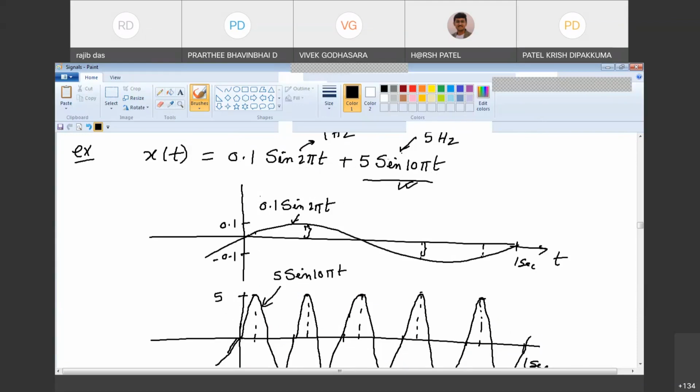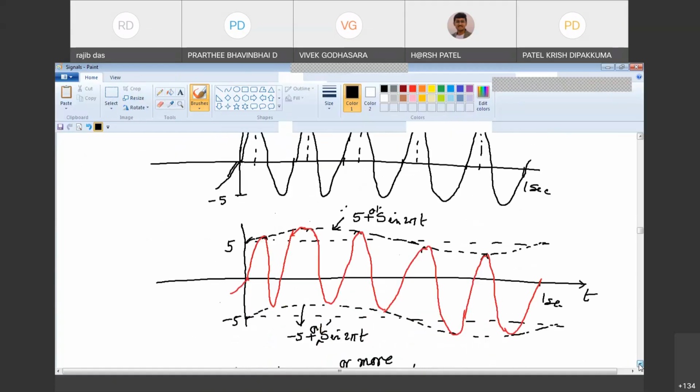And when it will have -1, meaning -5, it is again -5 plus 0.1 sine 2 pi t. That's how. So the upper one is 5 plus 0.1 sine 2 pi t, and it is -5 plus 0.1 sine 2 pi t.